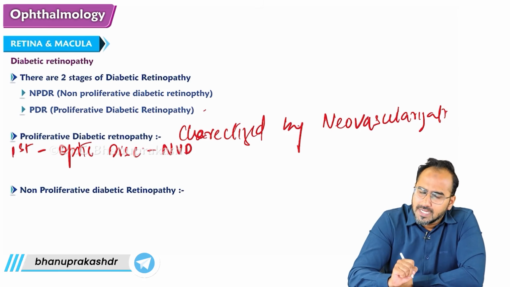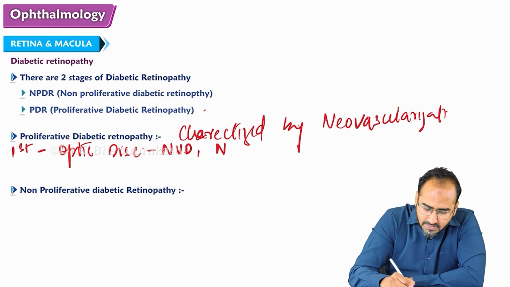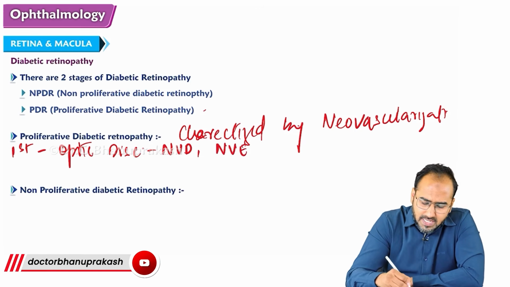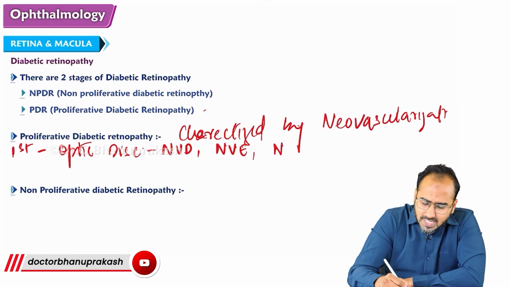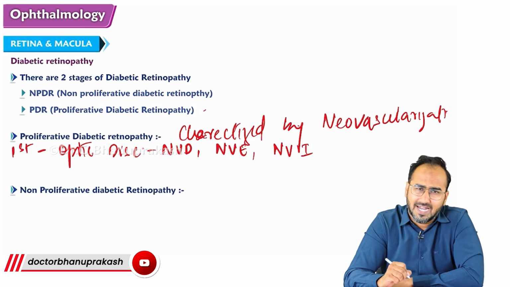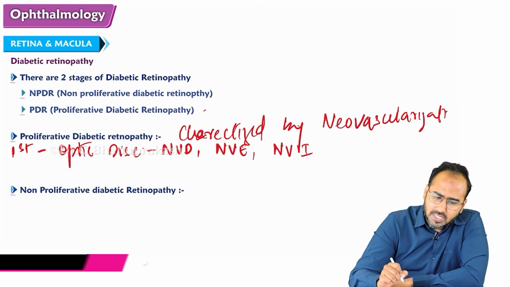Neovascularization of the optic disc. Then the neovascularization occurs on the NVE. NVE means neovascularization elsewhere. Then there is neovascularization of the iris, which is also called rubeosis iridis. Okay? First the new blood vessels are formed on the optic disc, then elsewhere, and then on the iris.